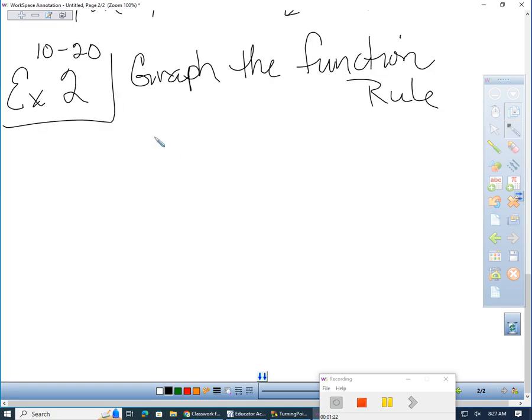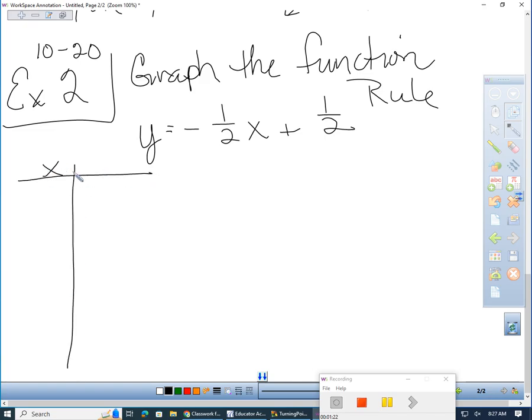All right, so let's go with y equals negative 1/2 x plus 1/2. Had to throw a tougher one up here. First of all, what values are we going to use for x? Very good. Negative 2, negative 1, 0, 1, and 2.